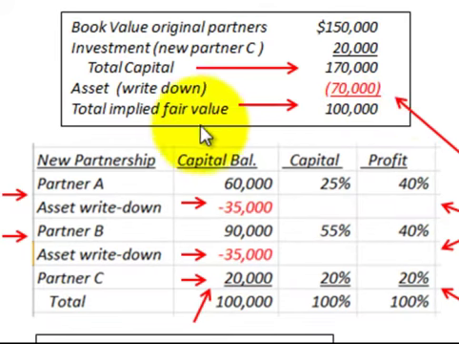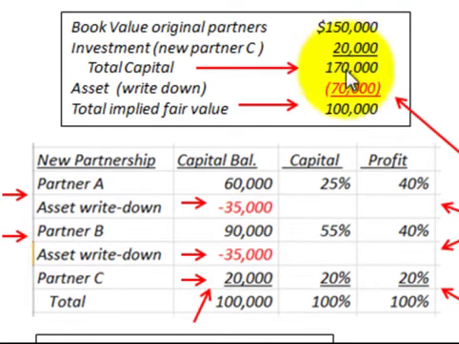Okay, now let's look at our new partnership here and the capital balances and also the profit and loss ratios that would be allocated here. So going back to our example, the book value of the original partners was $150,000, plus the investment by the new partner C of $20,000.